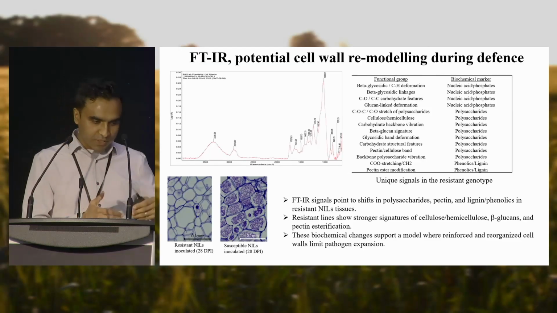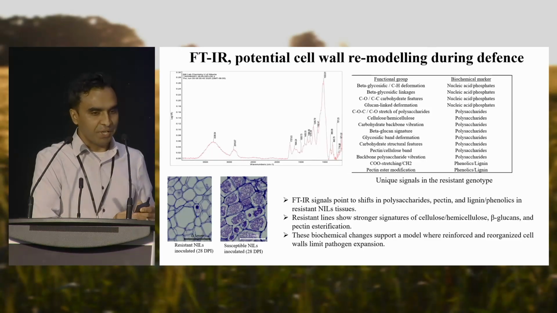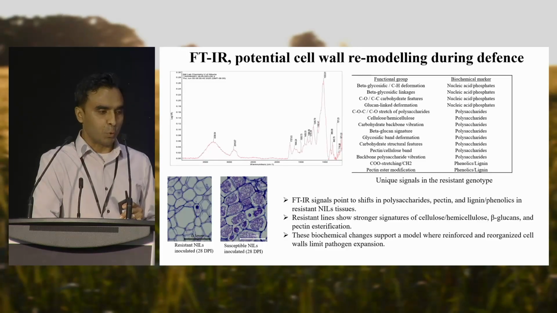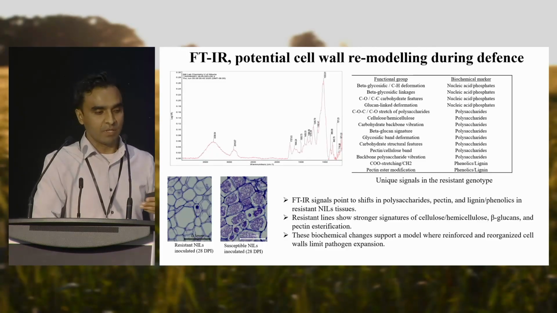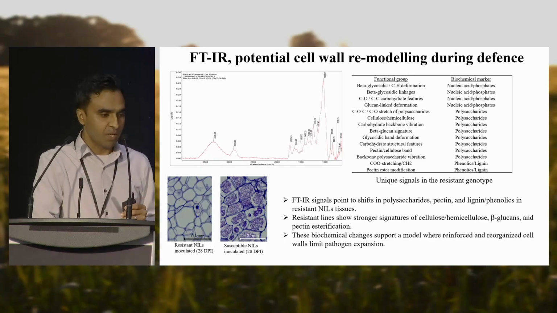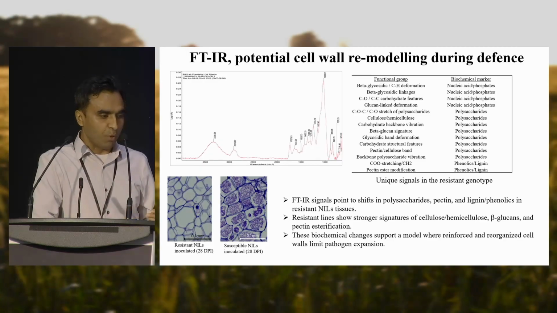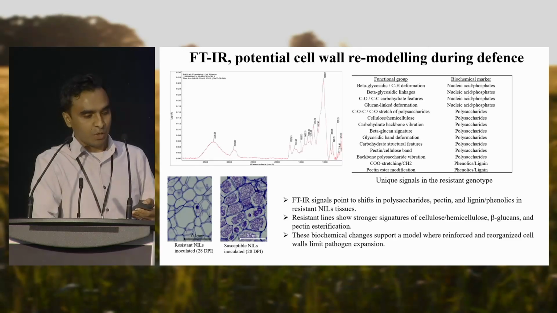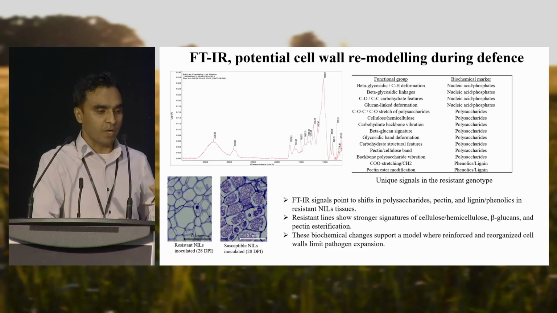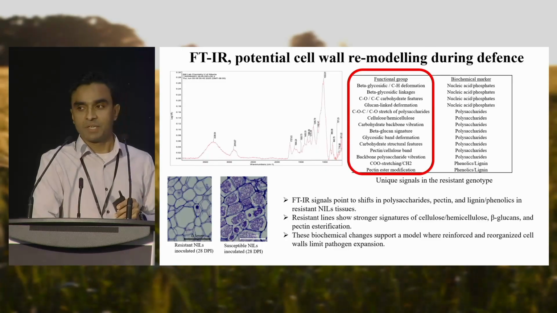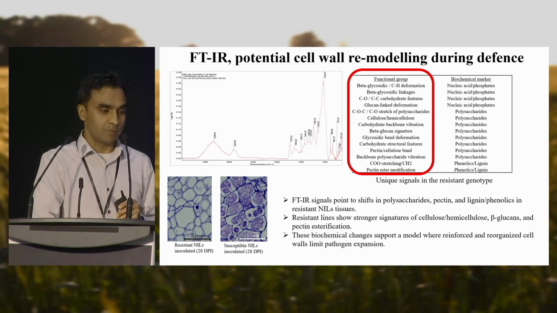To dig more in detail, we used the Fourier transform infrared technique to get a molecular or chemical level sense of what is going on in those two genotypes, or those two lines. We noticed that when you compare the resistant tissues versus the susceptible tissues, there are quite a few molecular or chemical signals linked with cell wall related components.